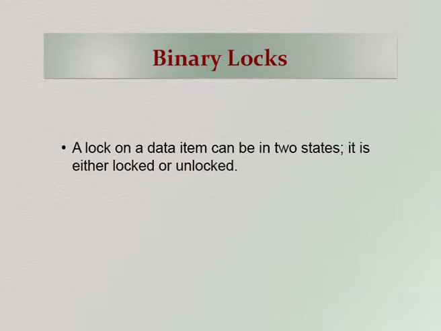A lock on a data item can be in either of two states: it is either locked or unlocked. So, at the data item level these locks are maintained, either it is locked or else it is unlocked. Depending upon the status of the data item, the access happens, whether it can be read or whether it can be written.